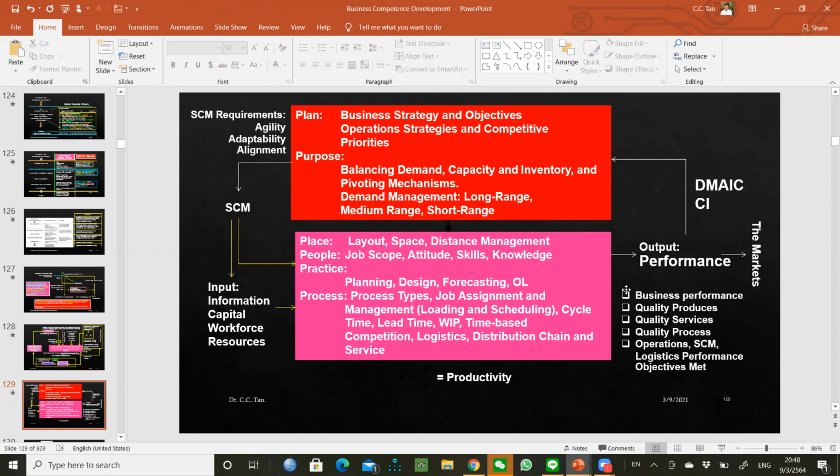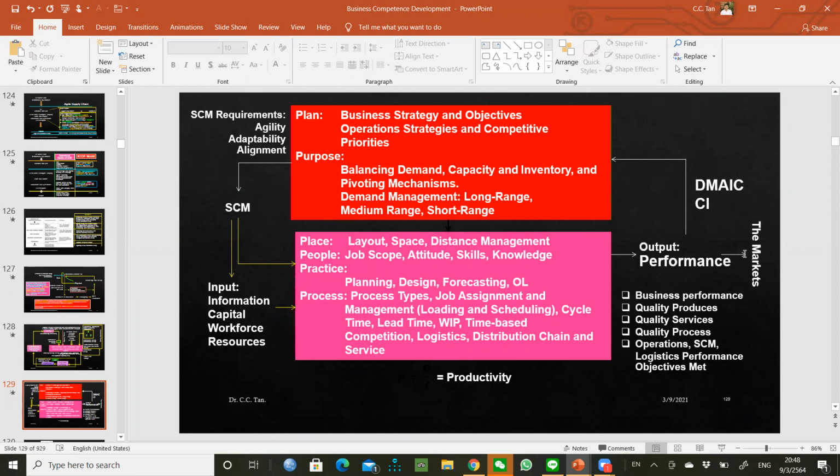Okay, and then you generate a set of outputs. Performance, which could be your business product, whatever, operations objective performances, and then the DMAIC Six Sigma: define, measure, analyze, improve, and control, and continuous improvement.